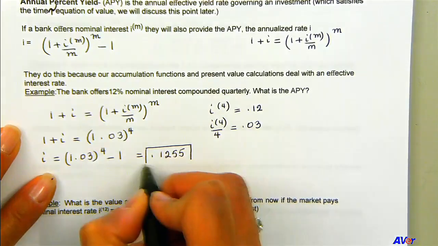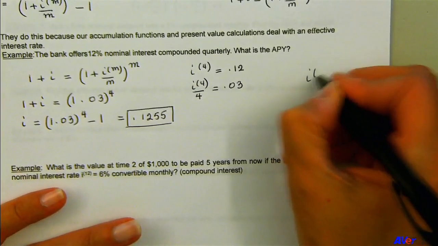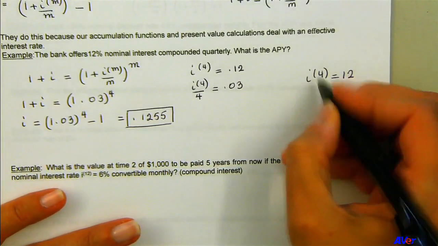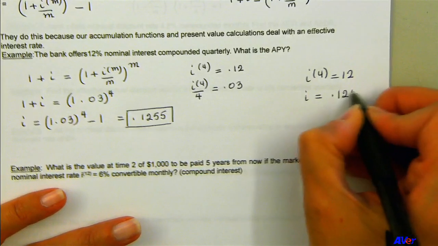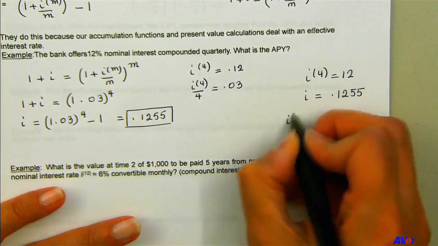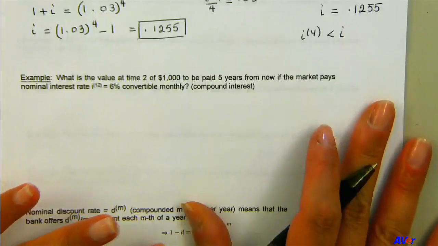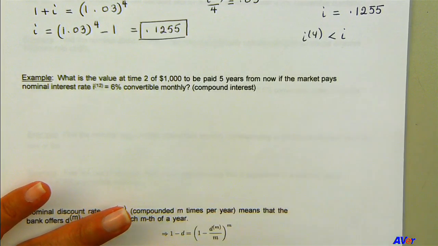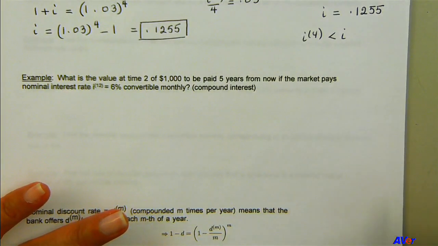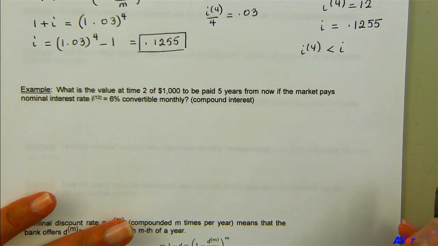So notice that i^(4) was 12% and i is slightly more, 0.1255. So i^(4) is less than i, as expected, right? You can get away with a lower interest rate because you are compounding more times in the same 1 year period. So i^(4) is expected to be less than i, and it is.